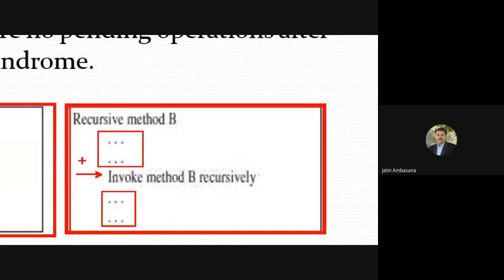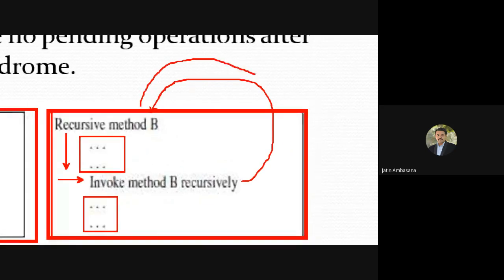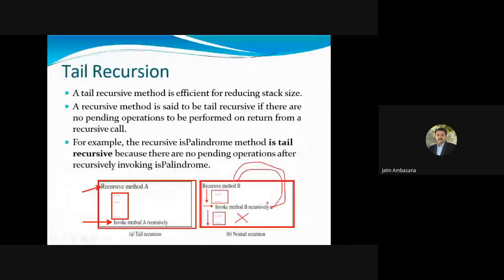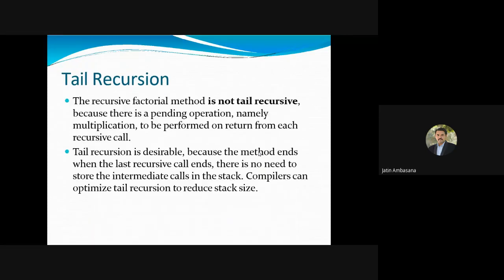When the control comes over here, it calls method B again recursively, and then when the control returns back over here, it has to execute some code. So this is not tail recursion. Okay. But the examples till now we have seen, most of them were tail recursive, like the palindrome example. Okay.